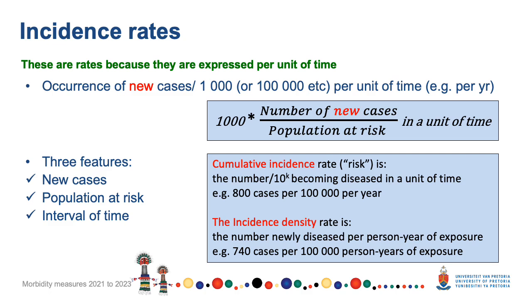The incidence density rate, on the other hand, we use the number of newly diseased people per person year of exposure. And so we need to divide by the number of person years at risk rather than the number of people at the beginning of the study period.